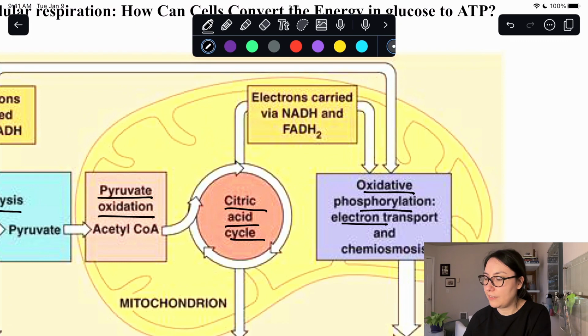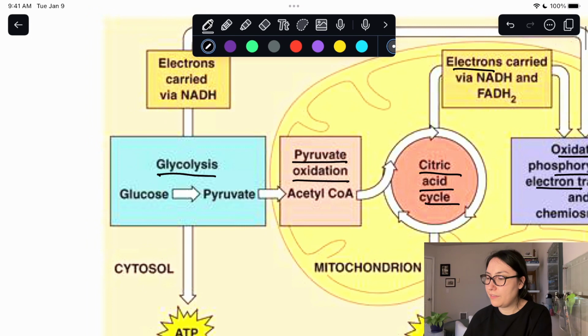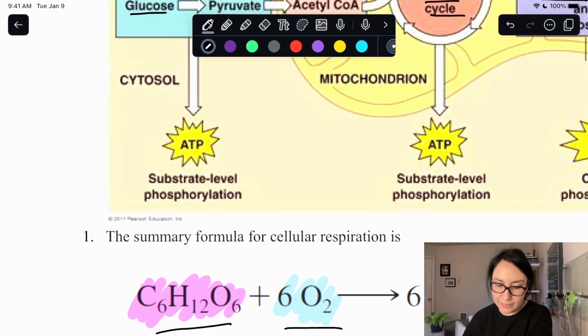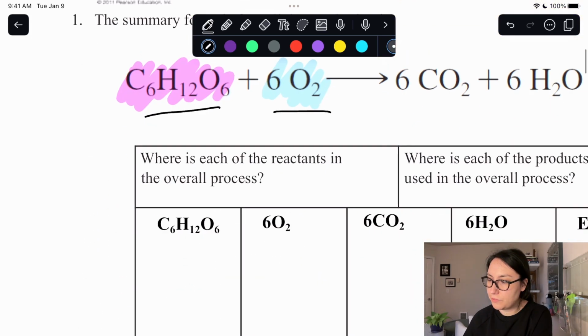Is it actually the electron transport chain, citric acid cycle? Well, it says it right here. Glycolysis is glucose to pyruvate. So really, the C6H12O6 and the O2, yes, they're your reactants here, but they're asking where do you see that. You get glucose and O2.